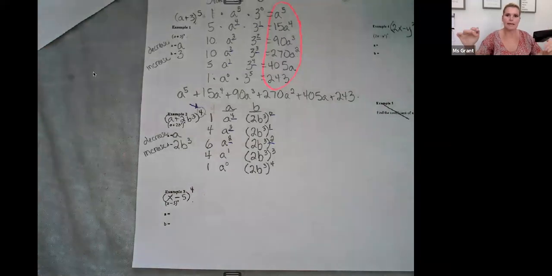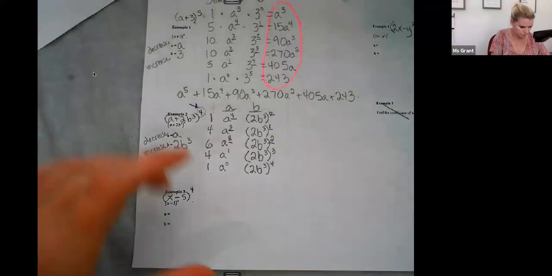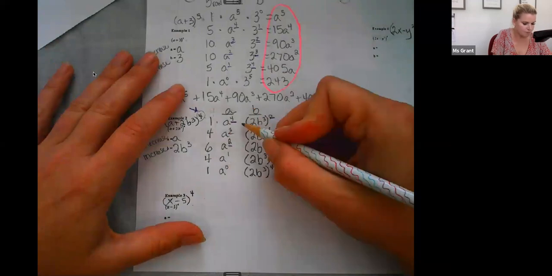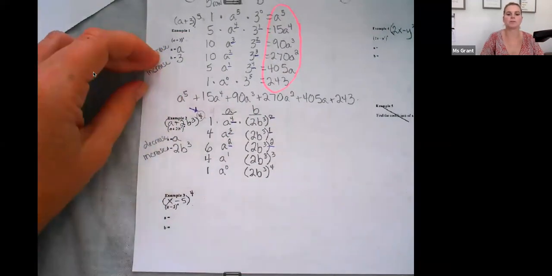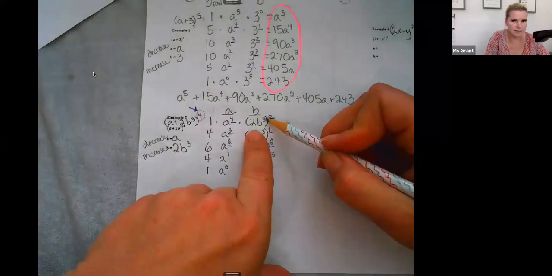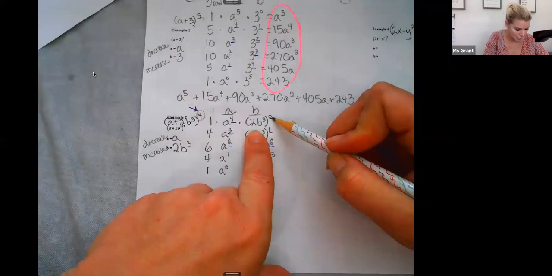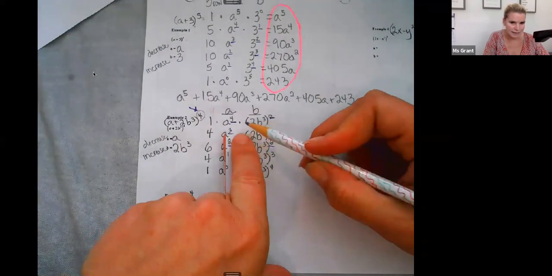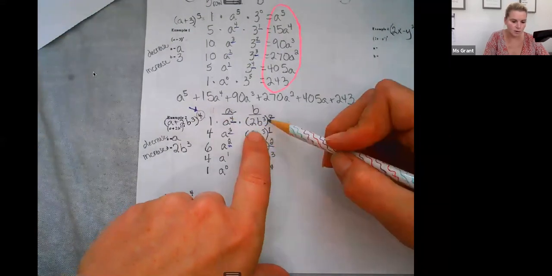All right, now I multiply 1 times a to the fourth times 2b cubed to the 0. So you need to focus your math skills here, because 2b cubed to the 0, that's just a 1. So it's 1 times a to the fourth times 1. Anything to the 0 power is 1.